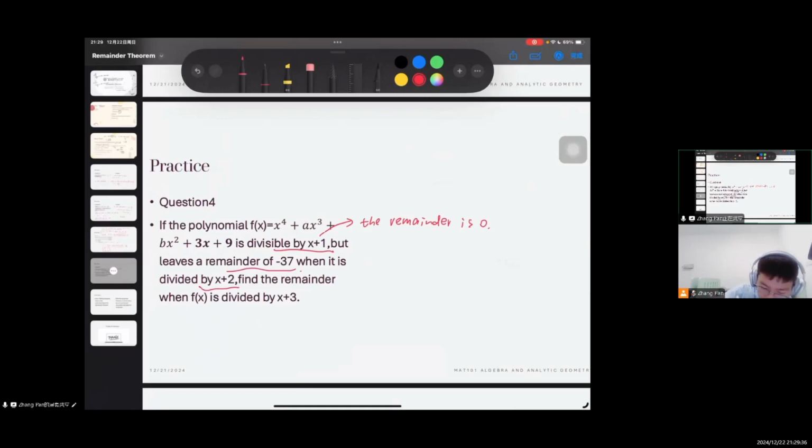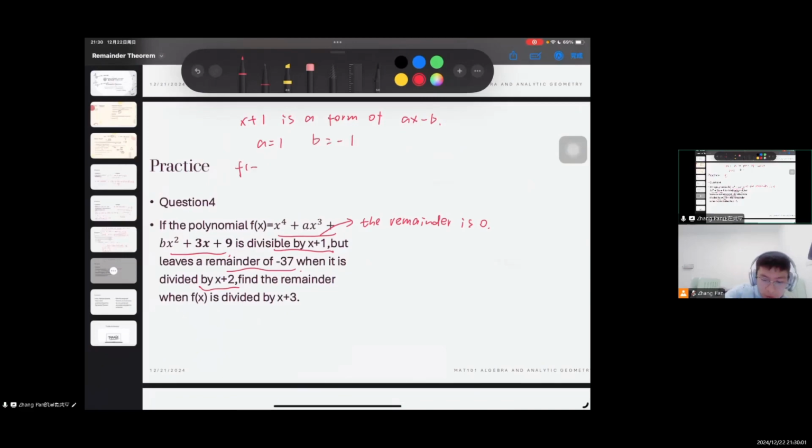So this is case 2. We find that the condition has two unknowns, right? So we need to find two equations again. In case 1, x plus 1 is a form of ax minus b, so a equals 1 and b equals minus 1.